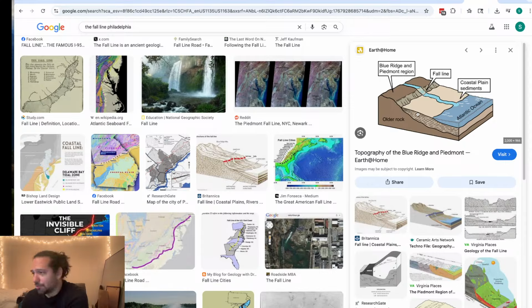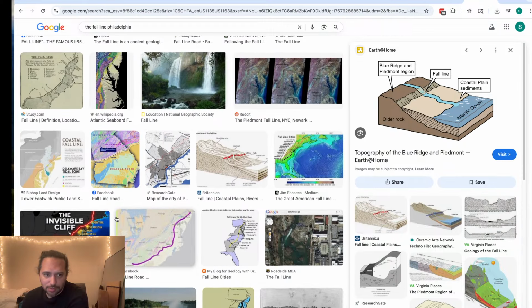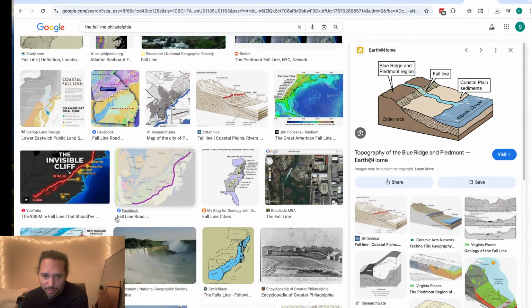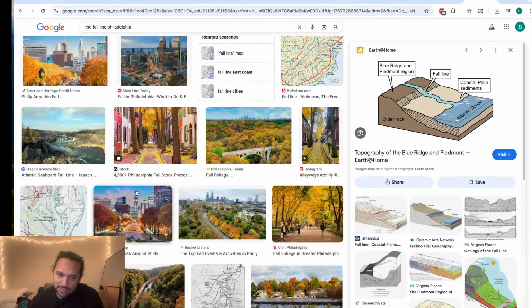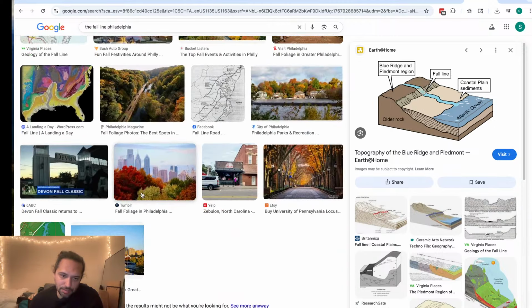That is why Philly is so flat, because it's under basically this cliff, and it's caused by the ocean. It's a result of the tectonic plate meeting the ocean.